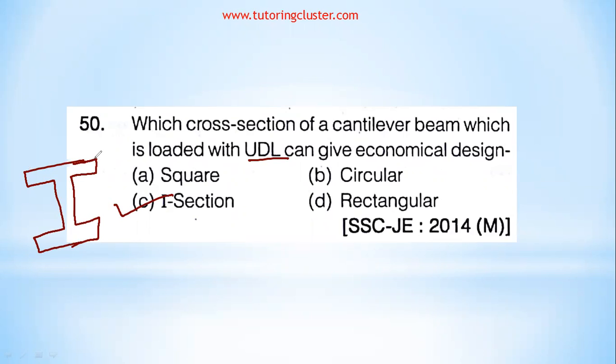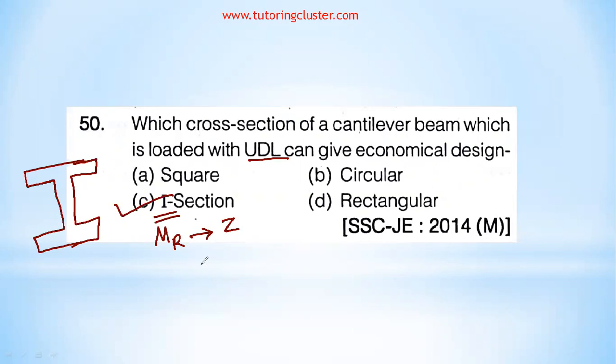Because moment of resistance, which depends on section modulus, will be maximum for I section. That's why you will get an economical design in the case of I section. So the correct answer will be C, that is I section.